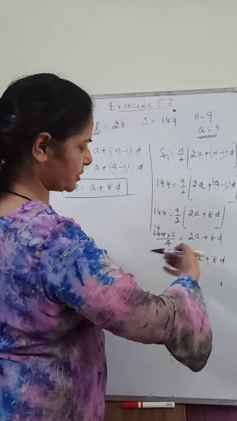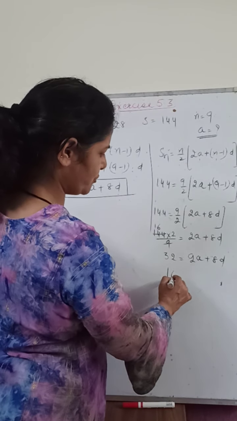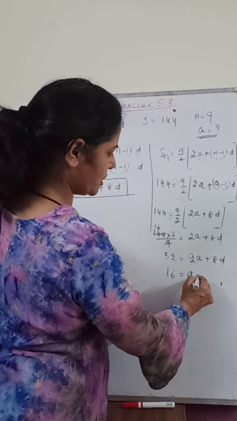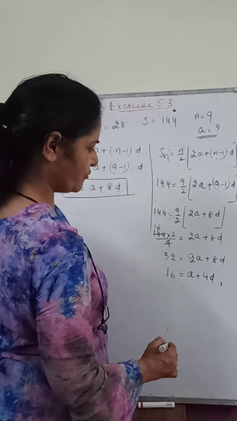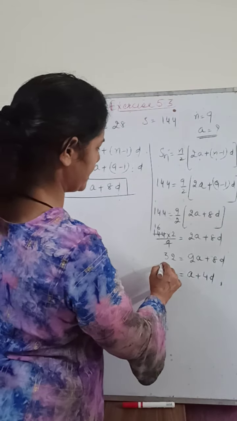Take 2 common from the whole equation. It comes out to be 16 is equal to a plus 4d. This is your second equation.